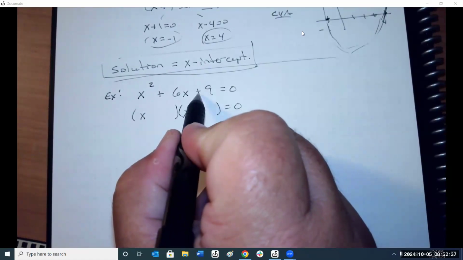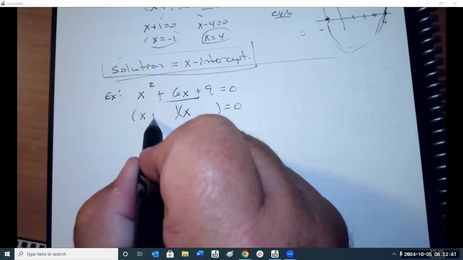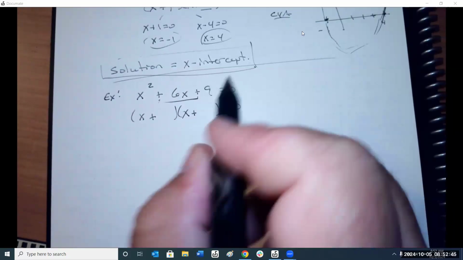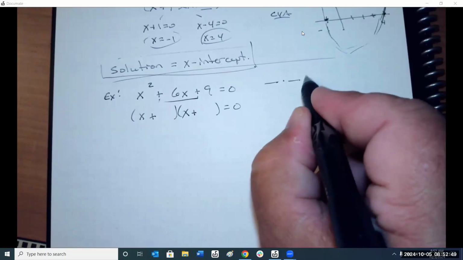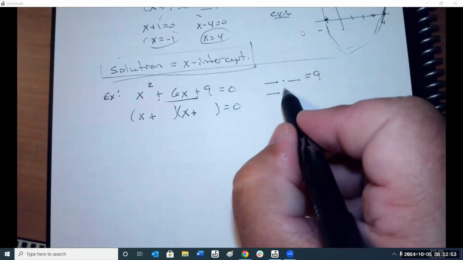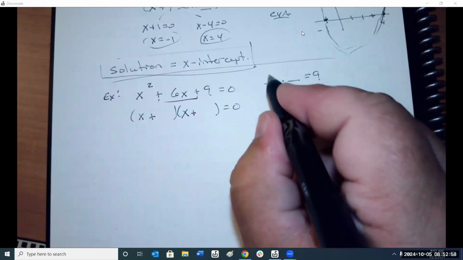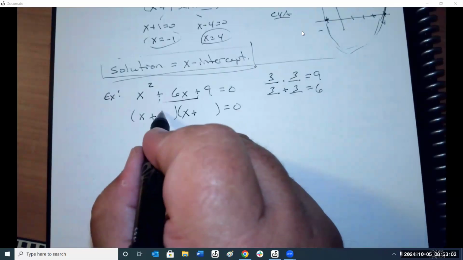Second sign's a plus, so they're the same sign. They're both going to be pluses. What times what equals 9? That when I add them, I get 6. 3 and 3.